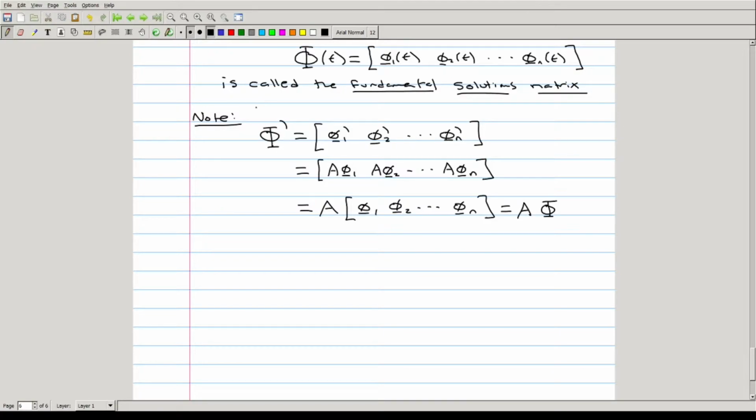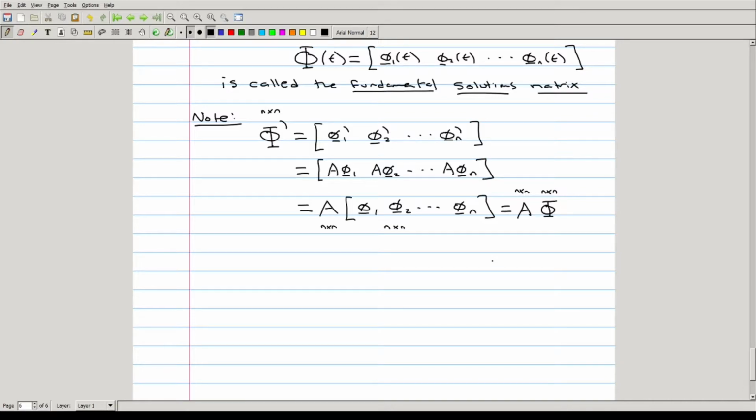Where this is an n by n matrix multiplied by an n by n matrix, which results in another n by n matrix.